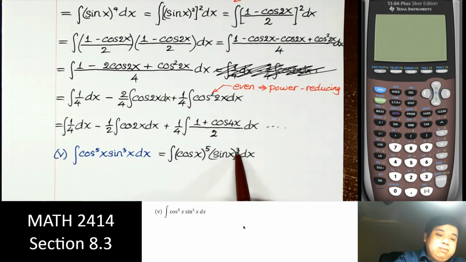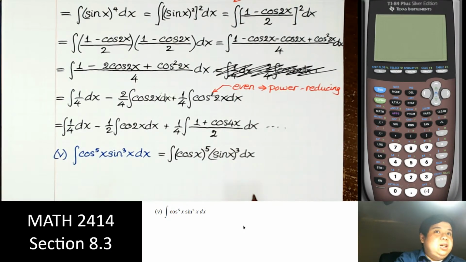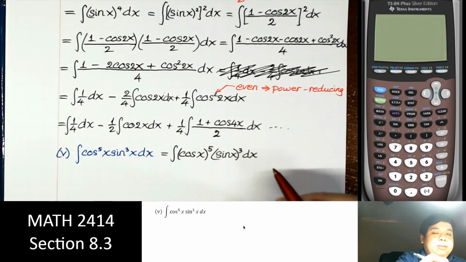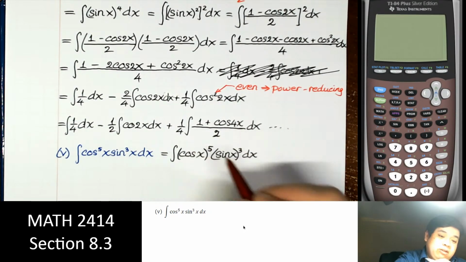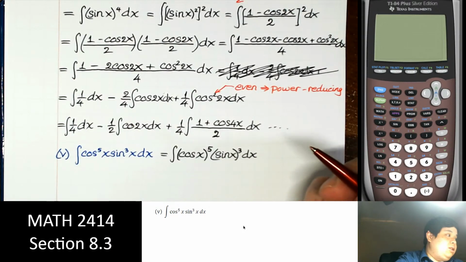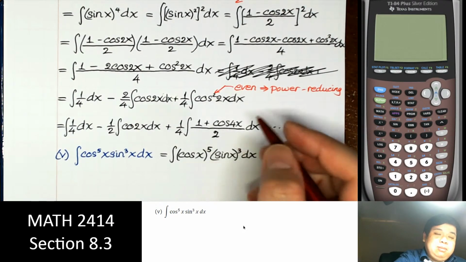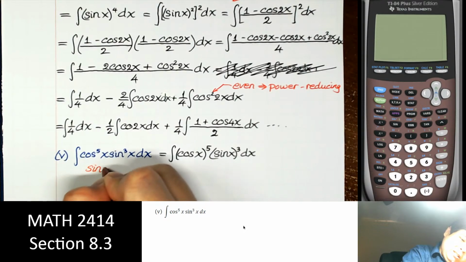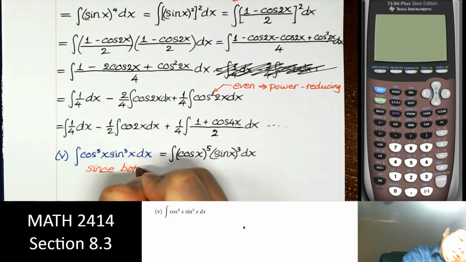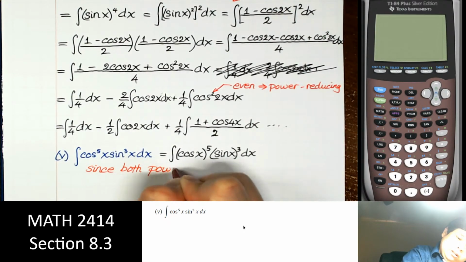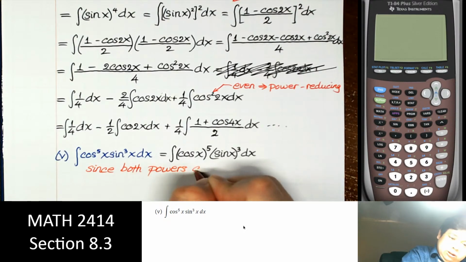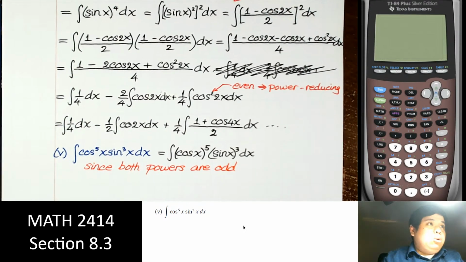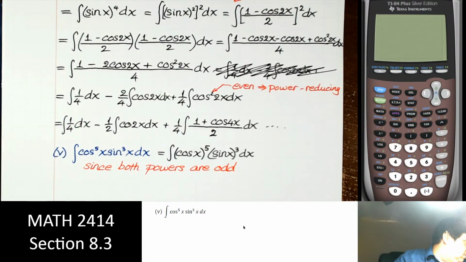Both of them are odd, so we can use either one of them. We can use u to be cosine of x, or u to be sine of x, because the other power is odd. So both of the powers are odd.